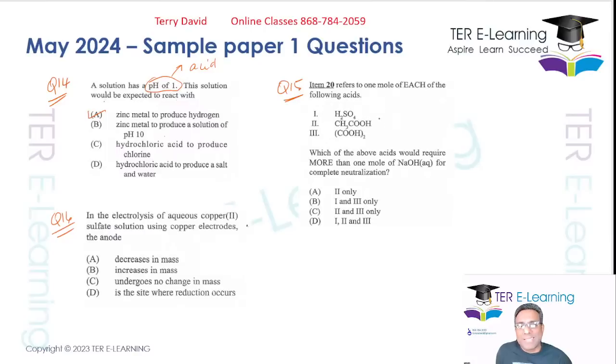We have some acids here, right? H2SO4, CH3COOH, and COOH taken twice. Which of the above acids require more than 1 mole of NaOH for complete neutralization?